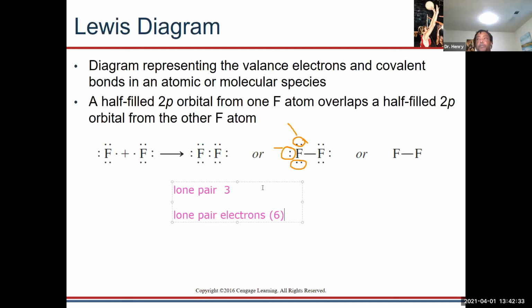The way that we calculate formal charges, and I mentioned this during our lab, it's going to be the number of valence electrons of that atom minus the number of lone pair electrons minus the number of bonds.